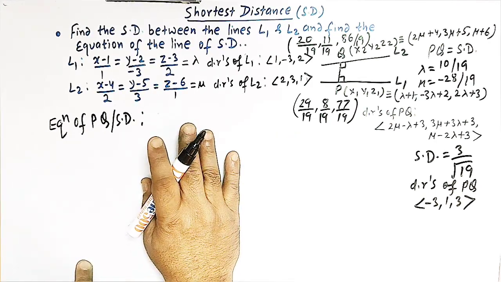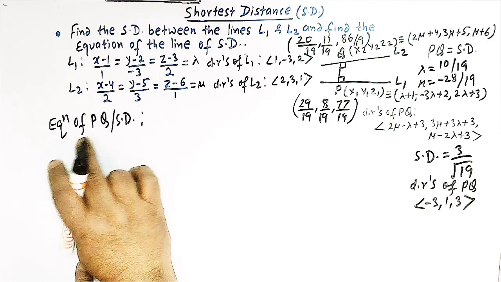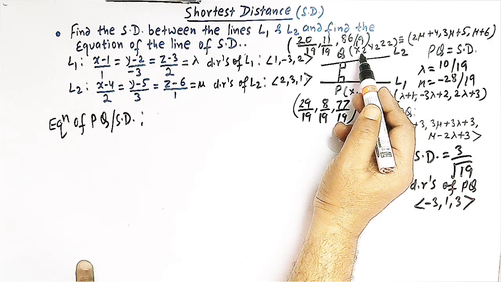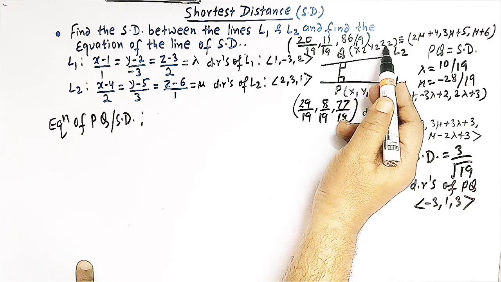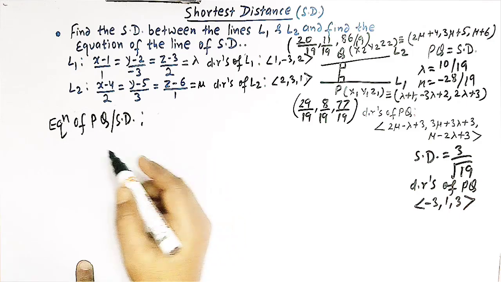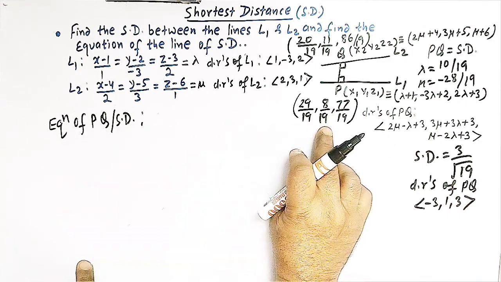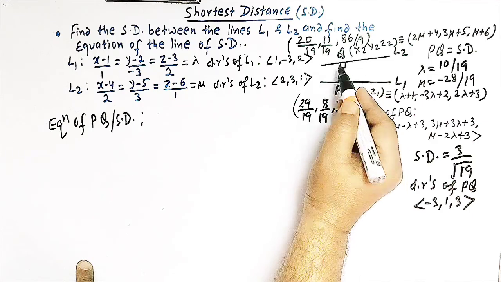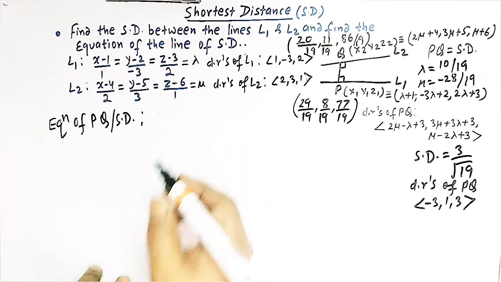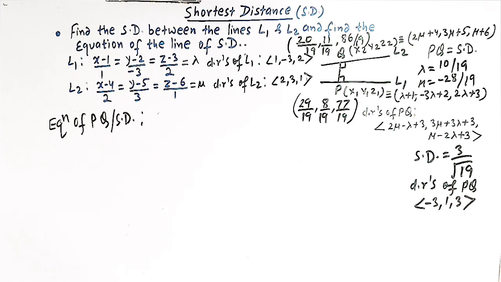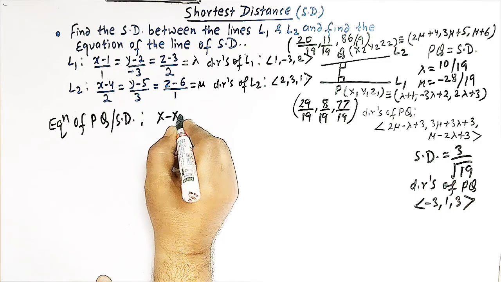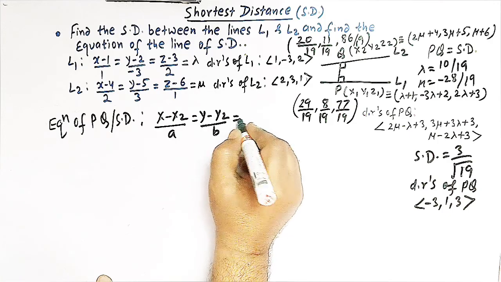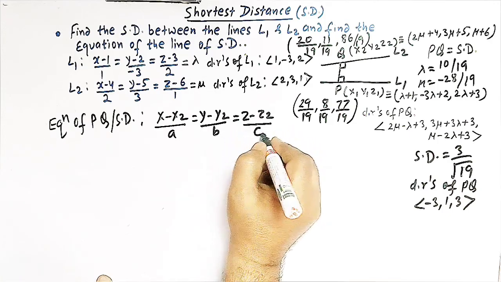So now here it is interesting to note that the equation of the line of shortest distance can also be written in terms of this coordinate, that is x2, y2, z2, right? We have just written the equation of PQ by using this coordinate, and this point Q also lies on the line of shortest distance, so we can also write the equation as x minus x2 over a, then y minus y2 over b, and z minus z2 over c.